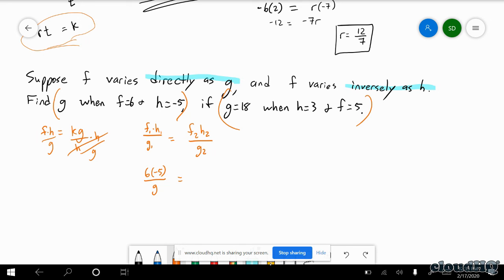We know the g is 18. Let's see, we need our f first, 5, times our h, which is 3, divided by g, which is 18. So negative 30 over g is equal to 15 over 18. I could simplify 15 over 18 to divide them both by 5. What's that?